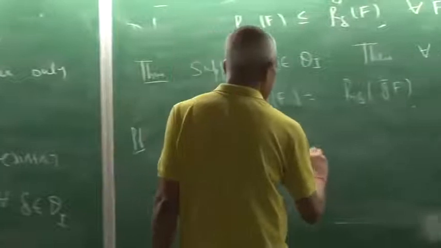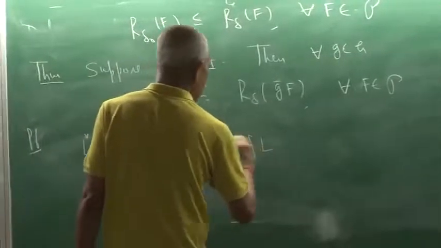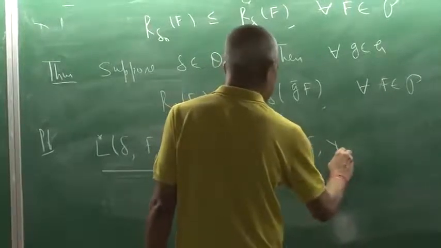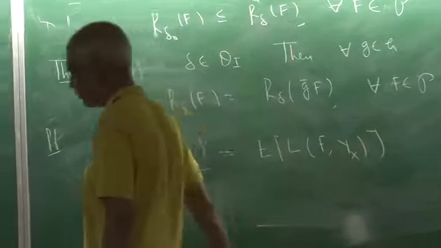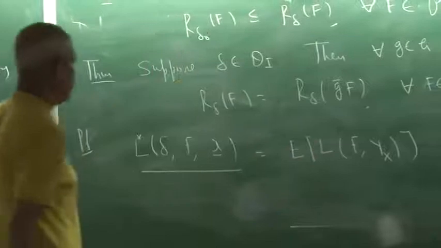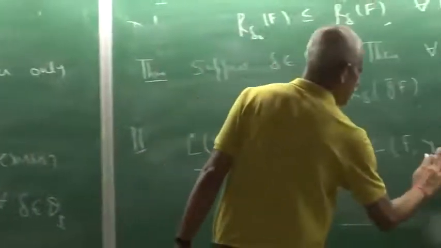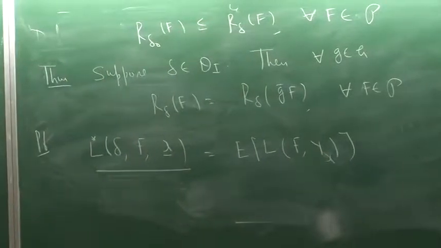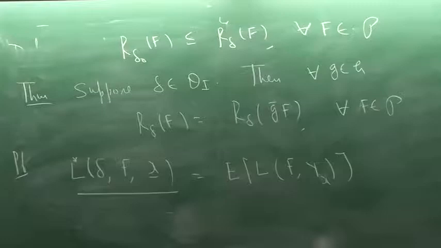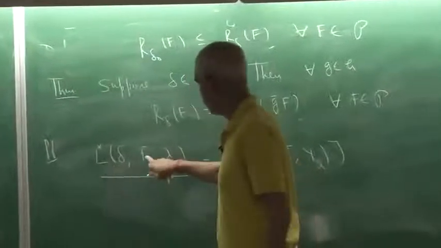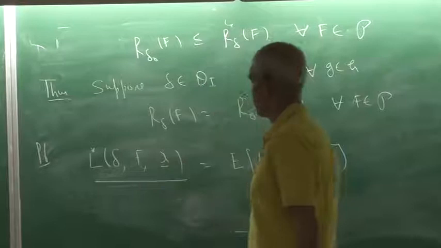So this is nothing but the expected value of L(f, Y_x), where this expectation is with respect to this random variable Y_x. What is R(delta, f)? R(delta, f) is the expectation of this, where the randomization is with respect to the distribution of x.